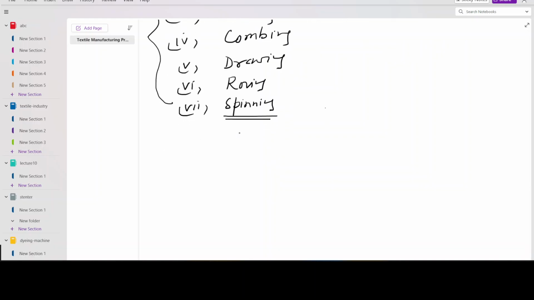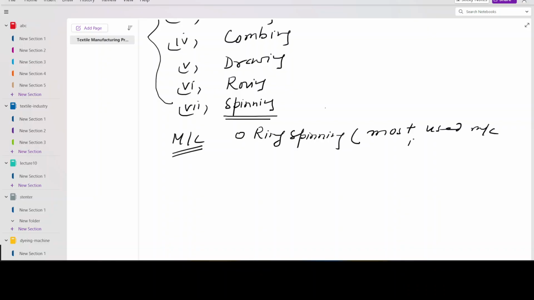Four types of machines are used in spinning. One is ring spinning. These are the machines or equipments for spinning. This is the most used machine in India. Another one is rotor spinning.